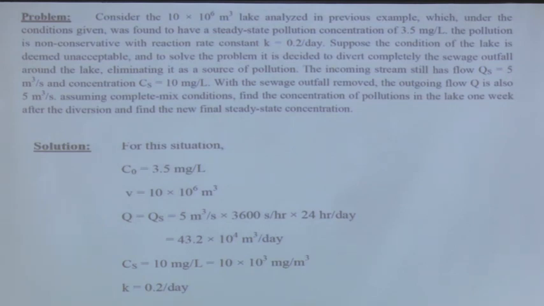Now, the incoming stream still has a flow of Qs equal to 5 meter cube per second and concentration Cs equal to 10 mg per liter. With the sewage outfall removed, the outgoing flow Q is also 5 meter cube per second. Assuming completely mixed conditions, find the concentration of pollution in the lake 1 week after the diversion and find the new final steady state concentration.